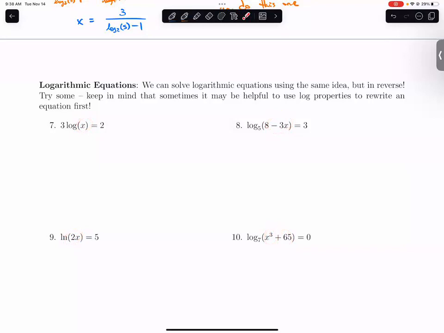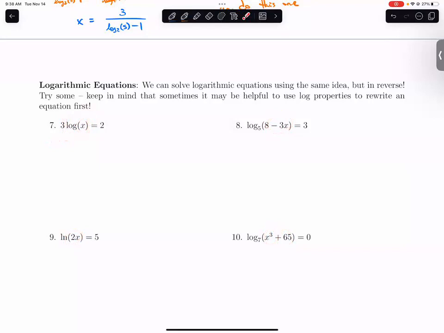Generally, what we're going to be looking to do is get the log term by itself first, if we can. That might involve just moving stuff from side to side: add, subtract, multiply, divide. That might involve using log properties. You tend to use those more to combine or condense, but you can use those here as well.